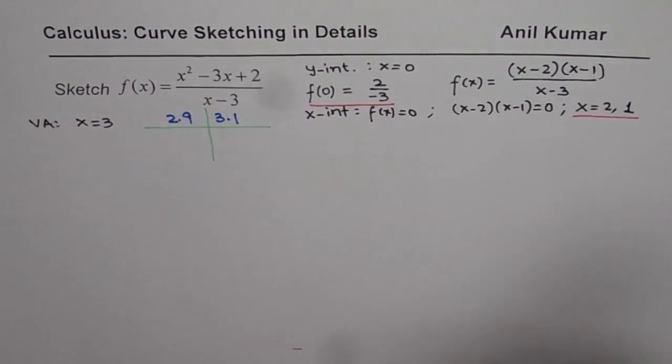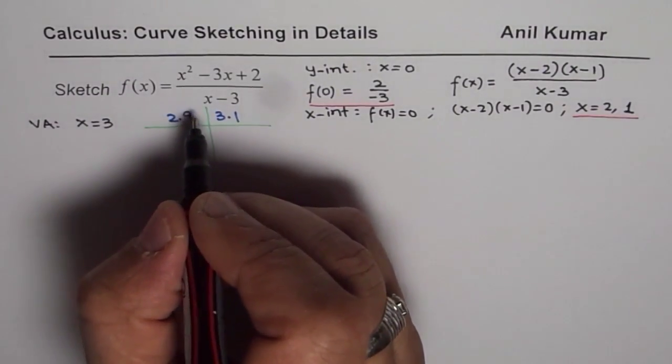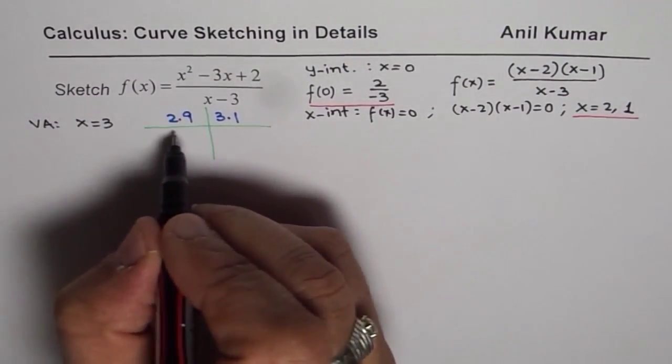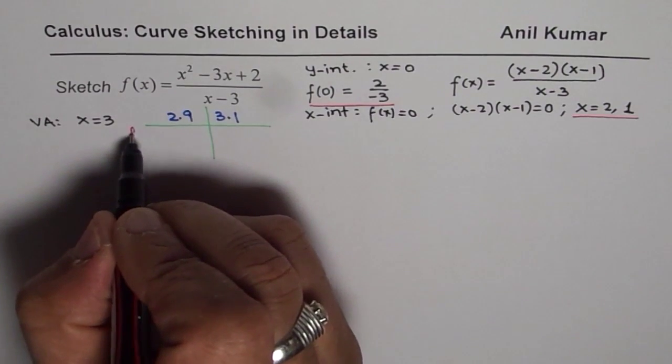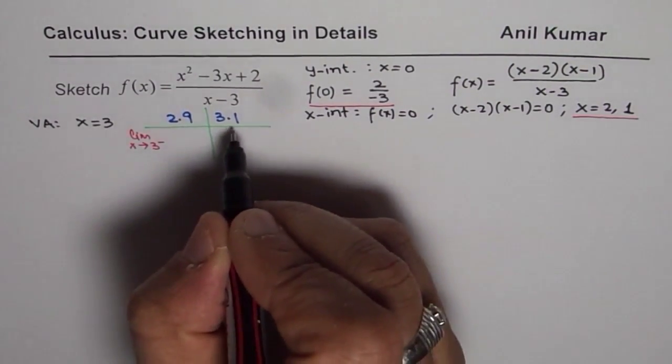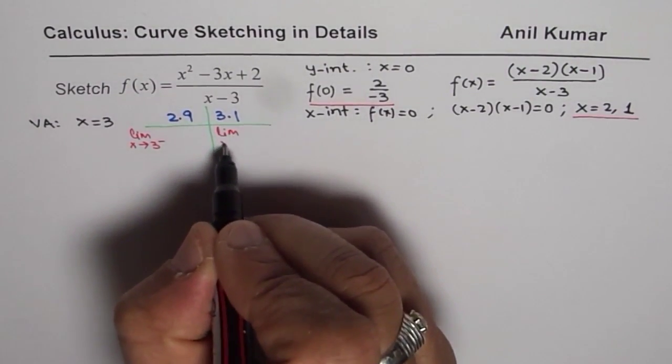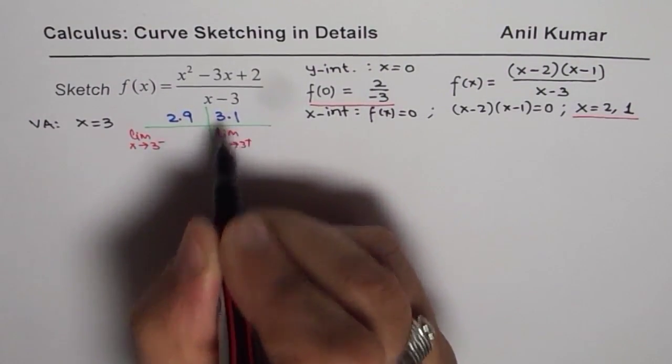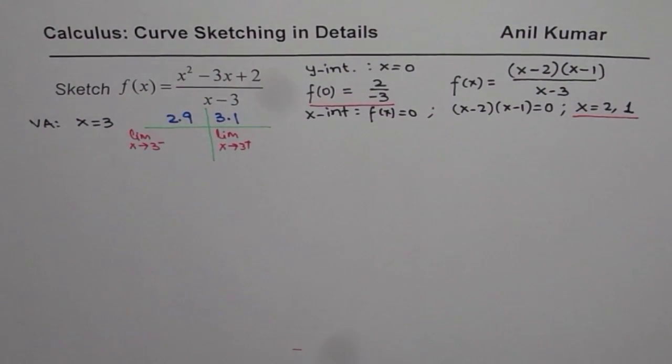If I write 2.9, we are approaching from the left side. So we can say limit as x approaches 3 from the left side, and this is the limit when x approaches 3 from the right side. So we take a value which is slightly more.